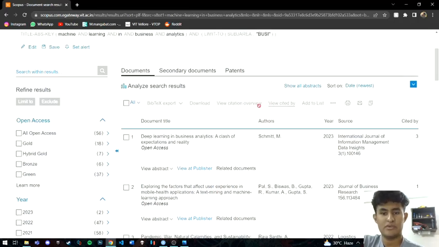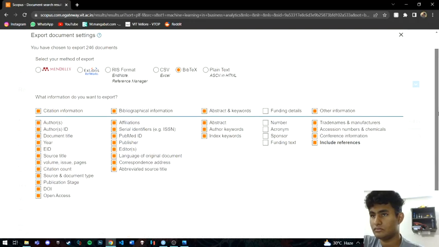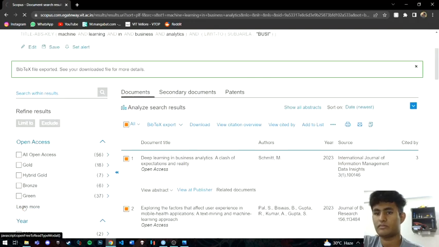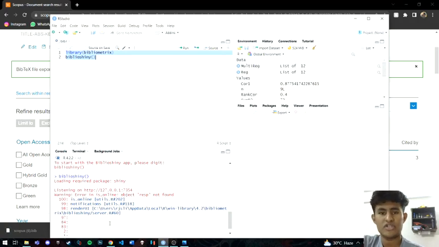Now we will export the same and load it into biblioshiny to start an analysis. biblioshiny can be started by typing the following code into RStudio and running it.